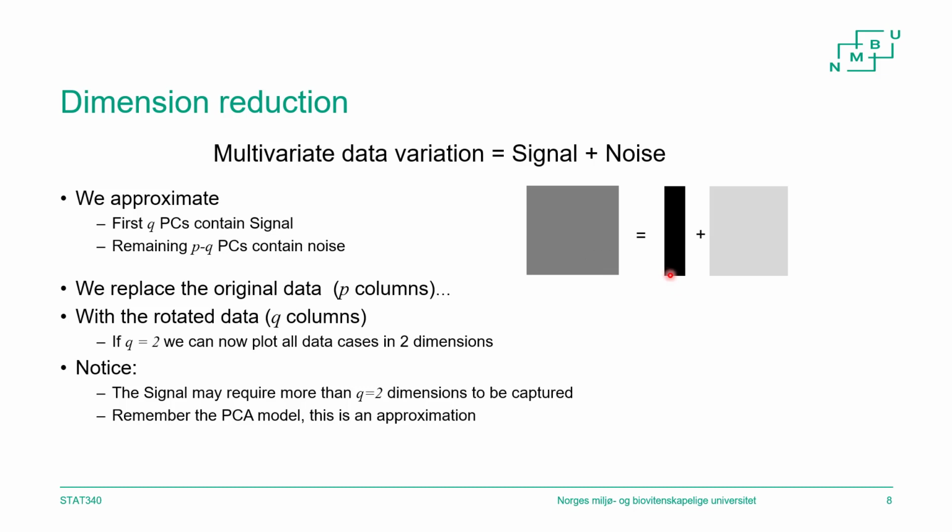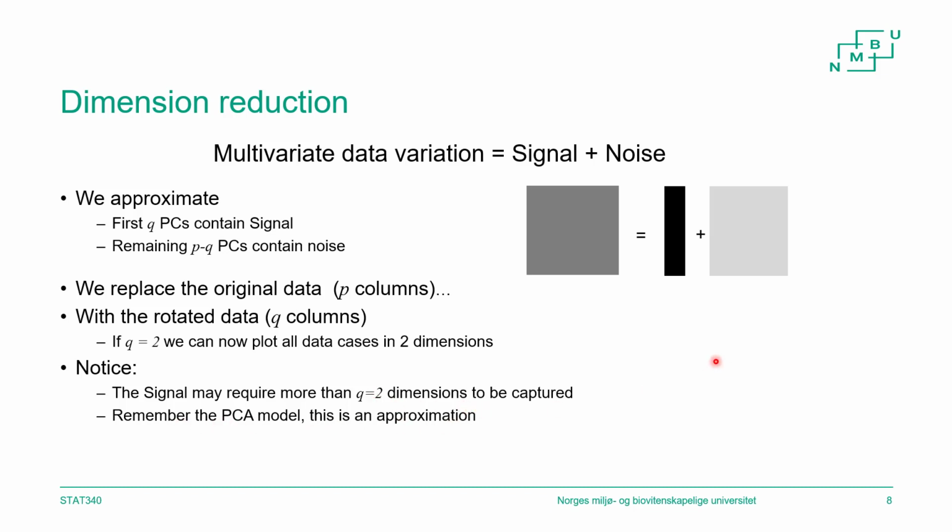But at least the 2 first columns are the ones that have the majority of the variation. So it always makes sense to plot along the 2 first dimensions. But remember, it's an approximation, because to only look at 2 components is often too little. It's sometimes sufficient. It's sometimes even 1 component is enough.